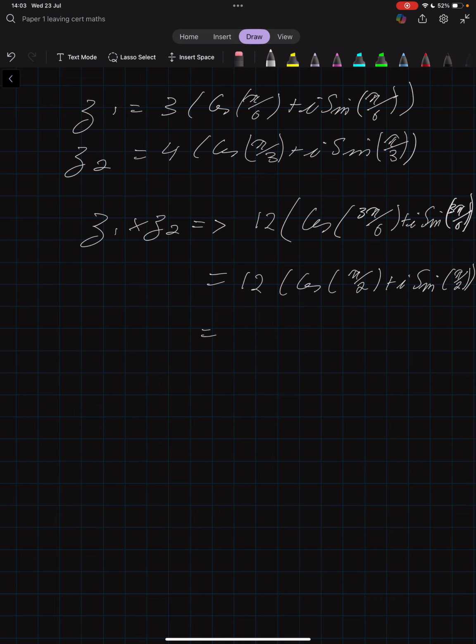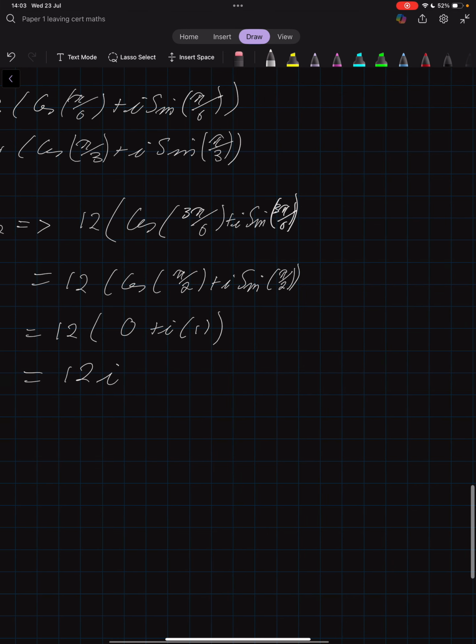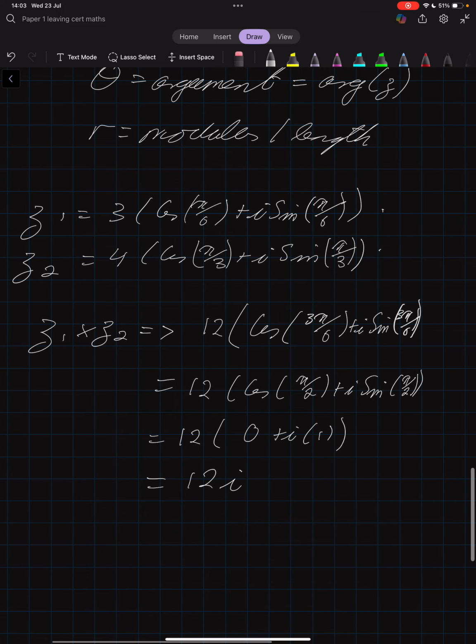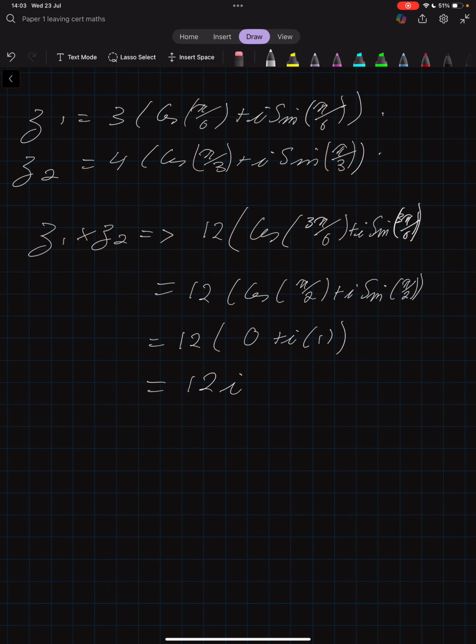Like that. If you plug it into your calculator, the cos of pi over 2 will be equal to 0. And the sine is just equal to 1. So this is just equal to 12i. Okay? So that's how you do those. Okay, so that saves you a world of pain, because if you didn't do it, you would have to plug these into your calculator, multiply them out normally, and it would be a little bit painful.